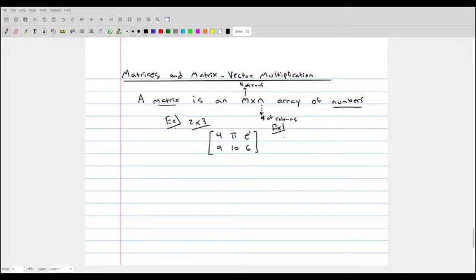For example, a 3 by 3 matrix has 3 rows and 3 columns. So an example of this is maybe 1, 5, 9, 2, pi, 4. And then we need one more row in this, so we'll just take the row of values 6, 7, 2.